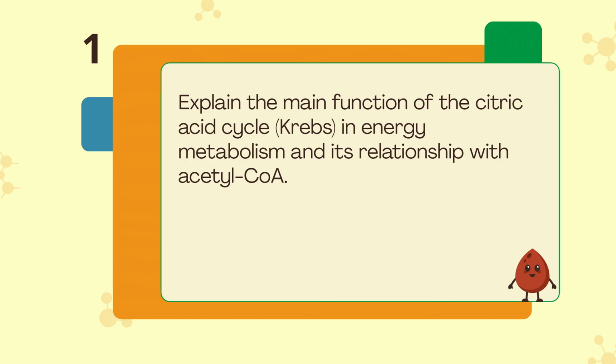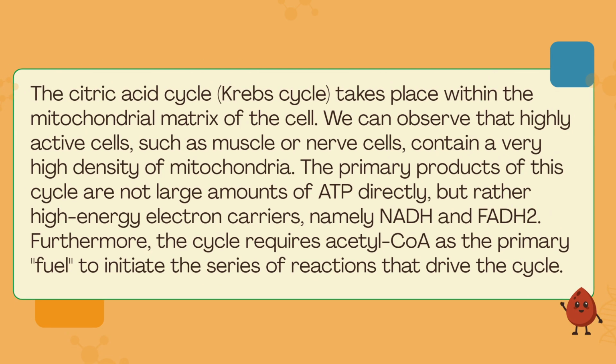Explain the main function of the citric acid cycle, Krebs, in energy metabolism and its relationship with acetyl coenzyme A. The citric acid cycle or Krebs cycle takes place within the mitochondrial matrix of the cell. We can observe that highly active cells such as muscle or nerve cells contain a very high density of mitochondria.